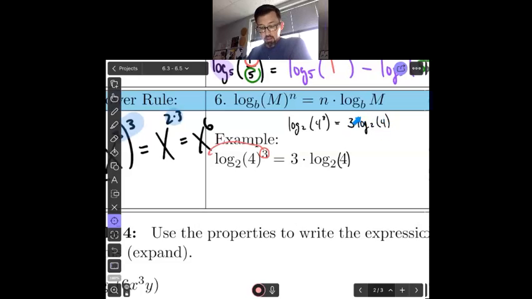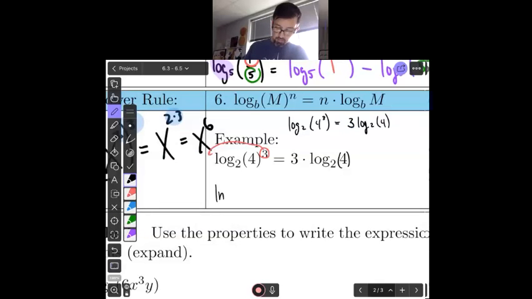Because remember, log base 2 of 4 is a number that we're doing something to 4. It's like saying 3 times the square root of 4. We need to figure out what this is equal to, then we would multiply it by 3. So generally, I don't put the dot there, but it doesn't matter.